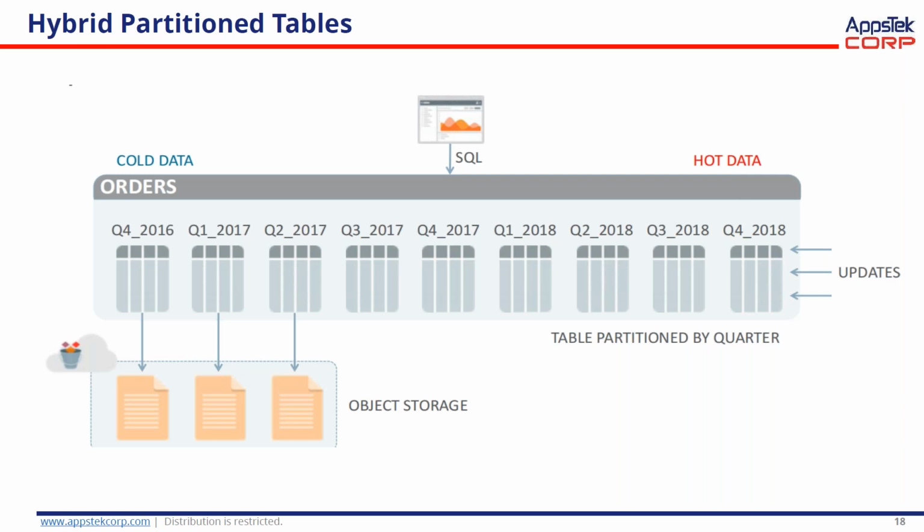You don't have to write any new SQL statement, just select star from that table. The access of the data may be a little bit slower, but you will save a lot of cost on storage.